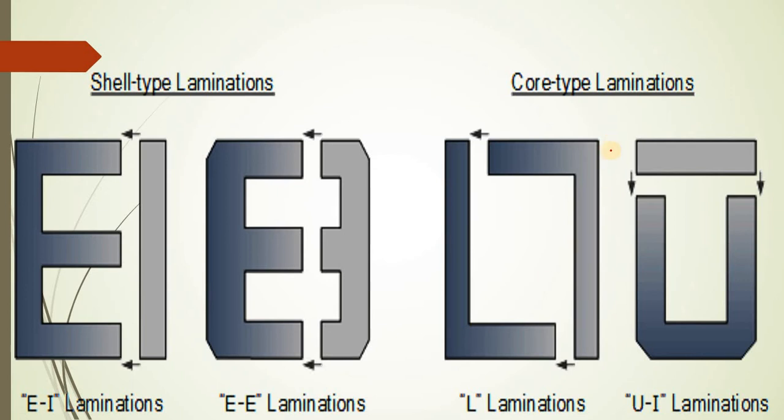In the case of a core type transformer, the laminations are LL laminations or UI laminations. So this is L shape, this is U shape, and I shape lamination. Here it is L and L, here U and I, here E and E, and here E and I. These different laminations are used while making the core.